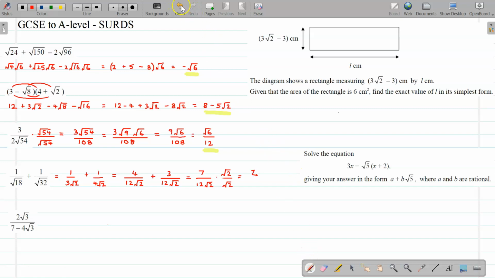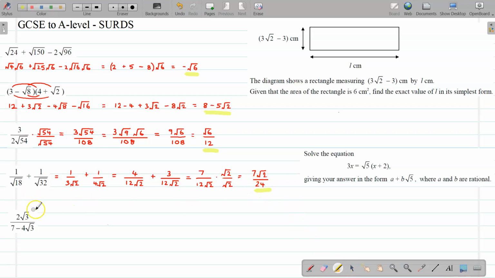And underneath that, I'm going to get 2 times 12, which is 24. 7 root 2 over 24. And that's my simplified answer to that question.